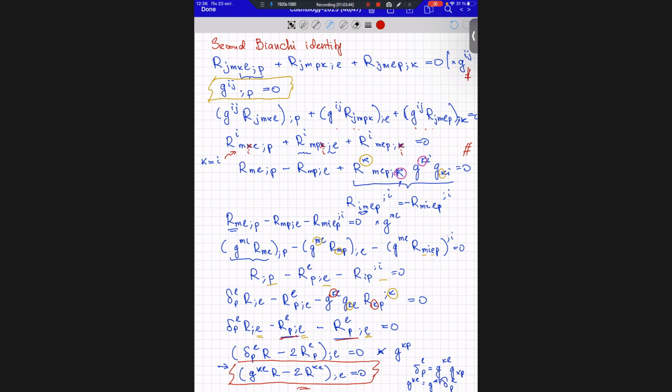So my point is, can we think that in the first Bianchi identity, the second and third terms are equal? In the first Bianchi identity, no. The second and third summands are not equal to each other.